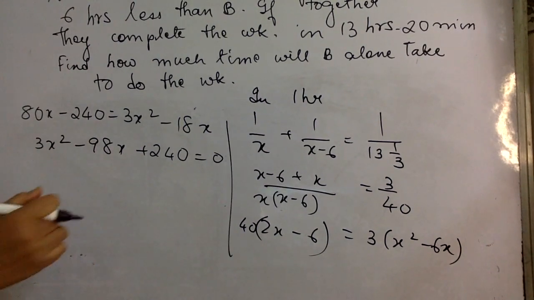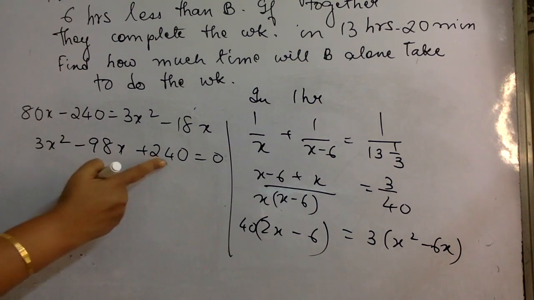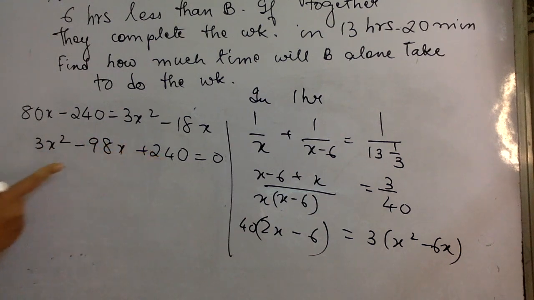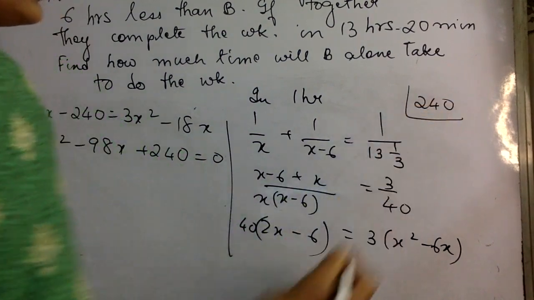Now if I am going to do middle term factorization, the product of this comes to 720. So how do you find this kind of sums? You have to actually do some prime factorization of 240.